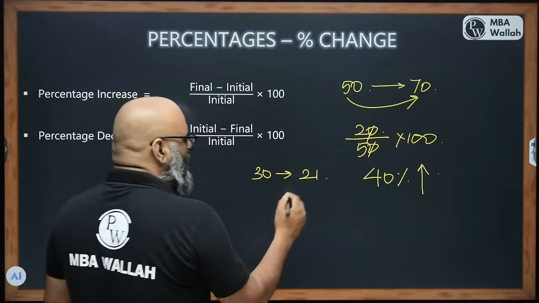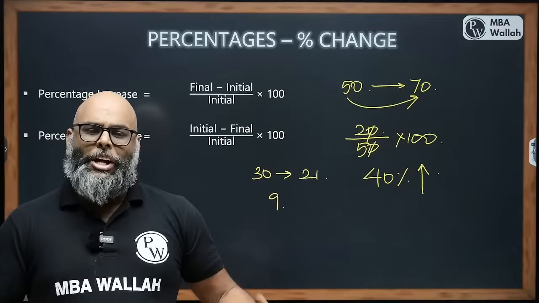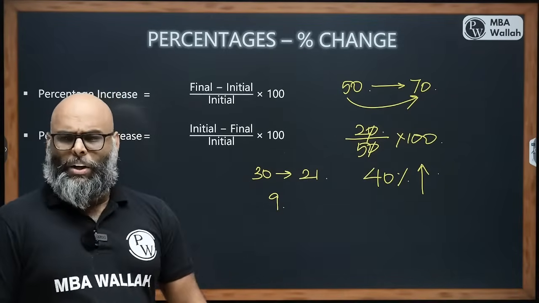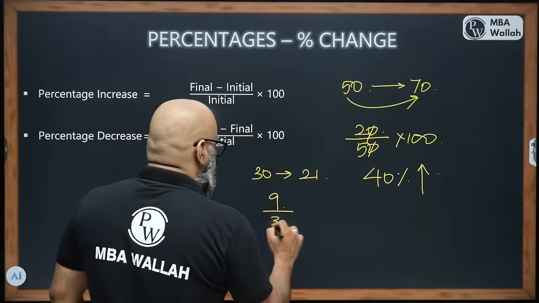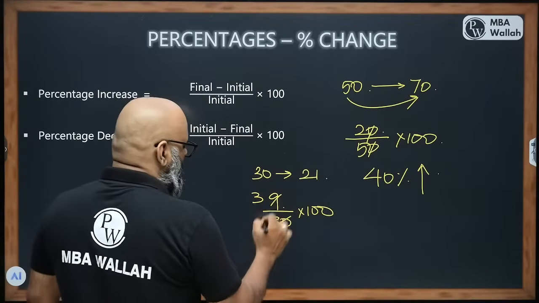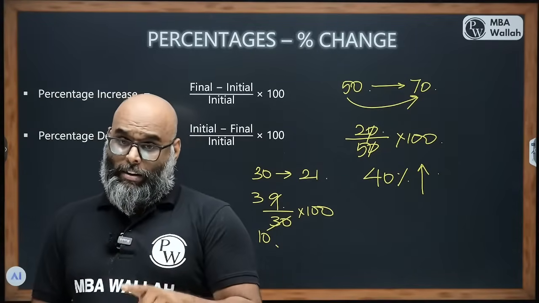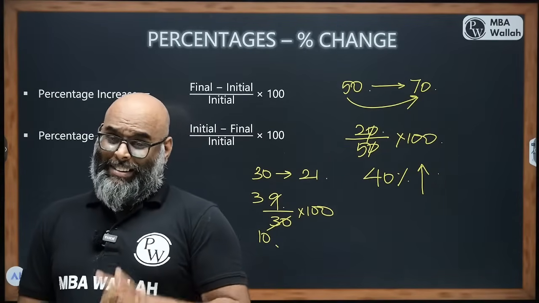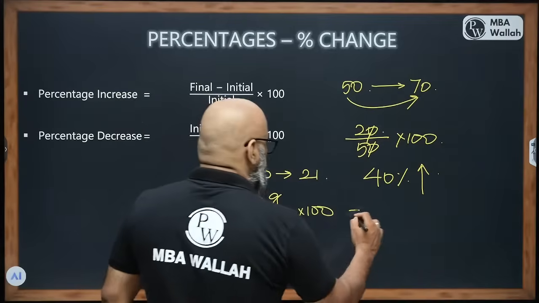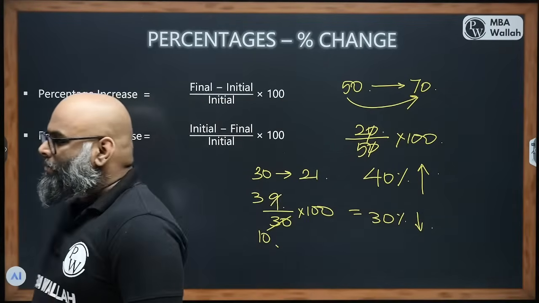From 30 it has gone to 21, which is 9. From where did the change happen? From 30. So 9 by 30 into 100. Simplify this. This is 3 by 10. 1 by 10 is 10%. 3 by 10 will be 30%. That's all.